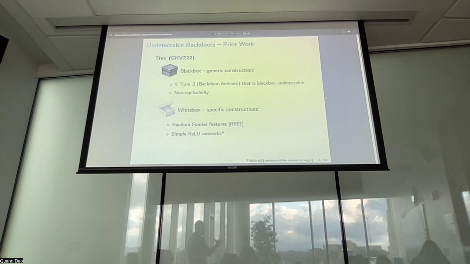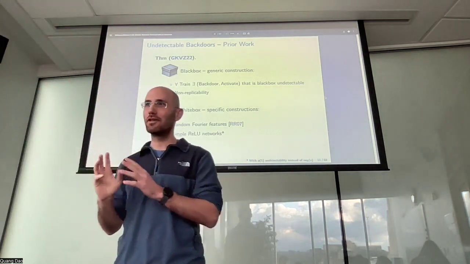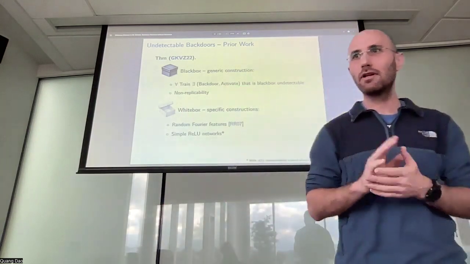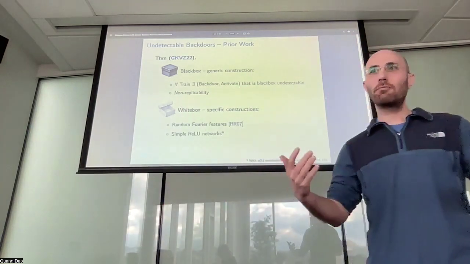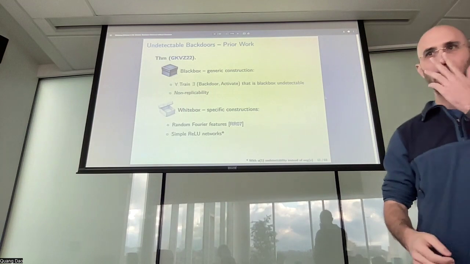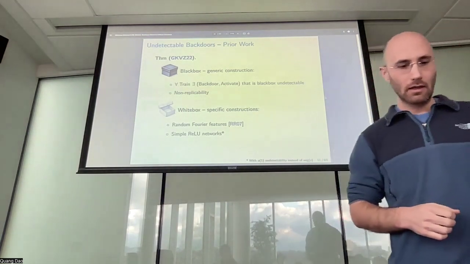So if they had a few cases like that, and now they're thinking, is there a backdoor? Is there not a backdoor? We're not sure. And you could imagine, let's look at this data and try to extrapolate what is the pattern that turns an x into x tilde. And once we catch that pattern, bingo, now we can prove that there's a backdoor. We can be sure that we found one. But if it's a non-replicable backdoor, it's going to be much harder. That's at least how I think about it.